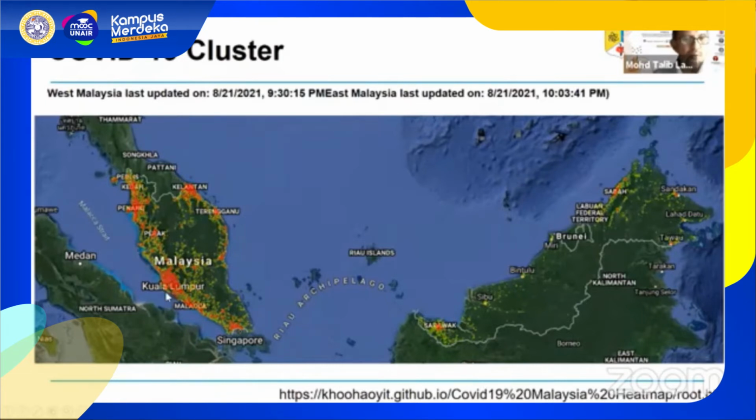This area is what we call the Klang Valley area. These days we also call it Greater Kuala Lumpur, meaning the area within Selangor, Kuala Lumpur, and also going to Negeri Sembilan. So this is the main area with the highest number of COVID-19 cases.